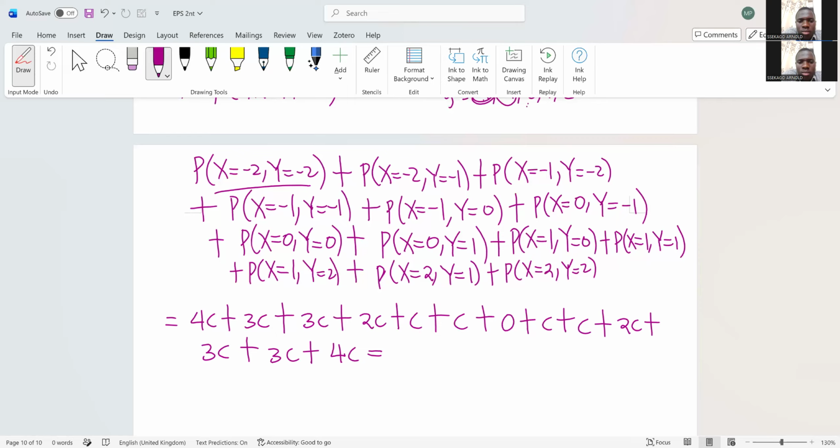So when you sum, what do you get? We shall have 4 plus 3, that is 7, plus 3, 10, plus 2, 12, plus 1, 13, plus 1, 14, plus 1, 15, plus 1, 16, 18, 21, 24, 28.